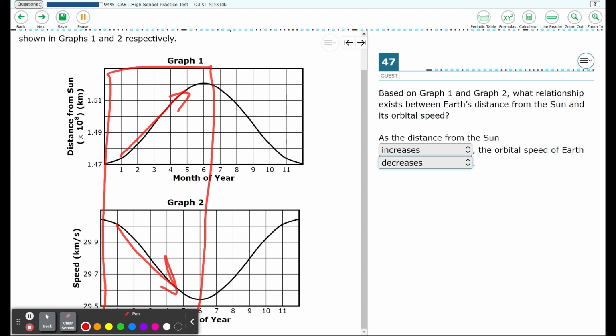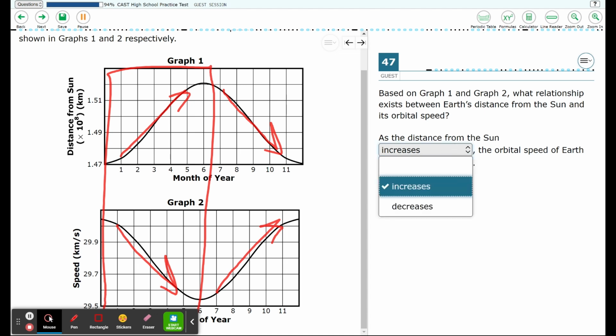If we look at months 6 through 12, then we can see the distance from the sun decreases and the speed increases. So we could also say the distance from the sun decreases and the orbital speed of the Earth increases. So we can see an inverse relationship here. As one gets bigger, the other gets smaller. Which way you choose to identify it will give you full credit regardless of what you choose.